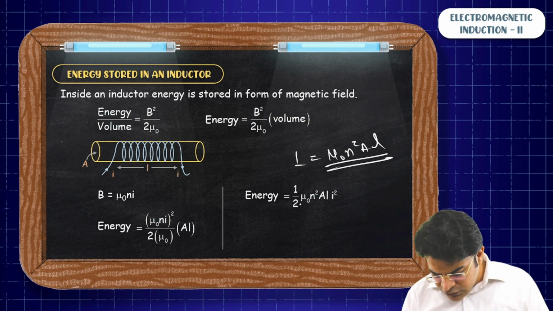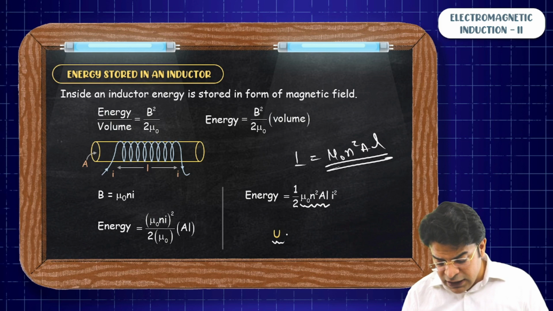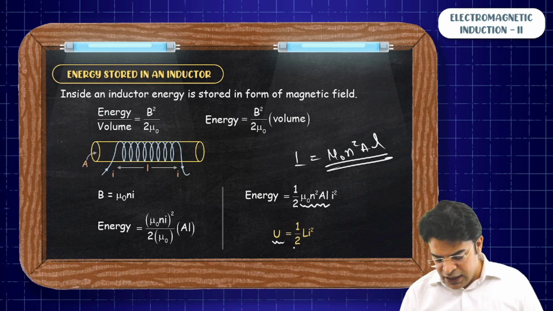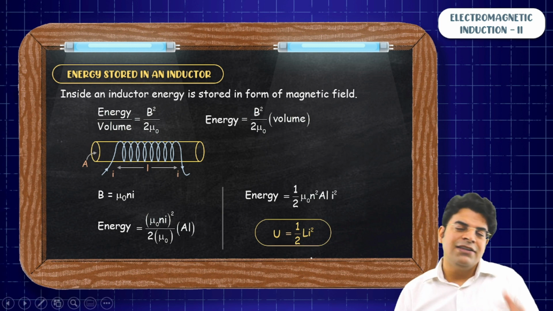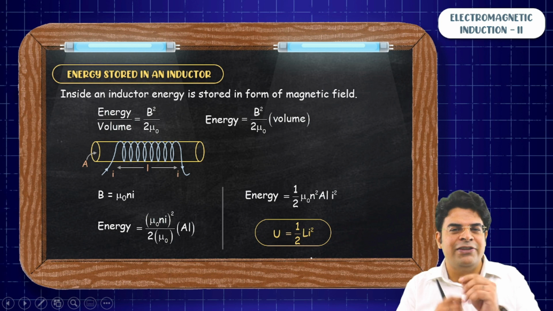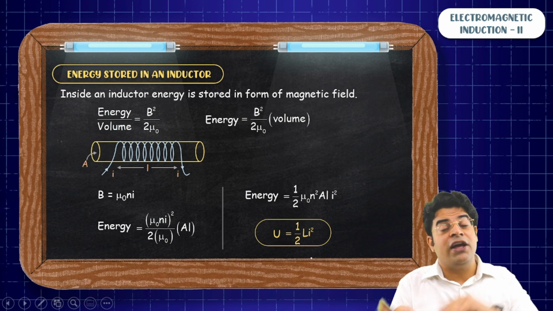So in place of this mu naught n square A L, you can write the self-inductance. So remember that the energy stored in the form of magnetic field inside the inductor is given by half L i square. And this is the beauty of physics. The energy formula always comes out to be half something something square: half m v square, half k x square, half C V square, half L i square.